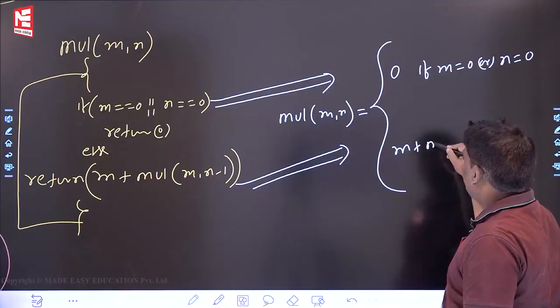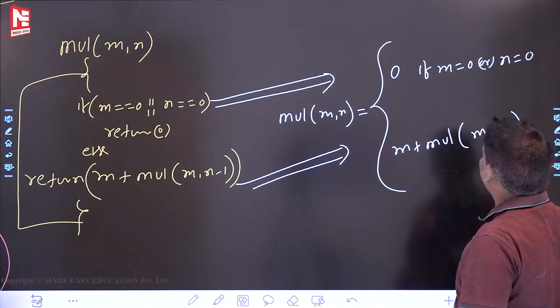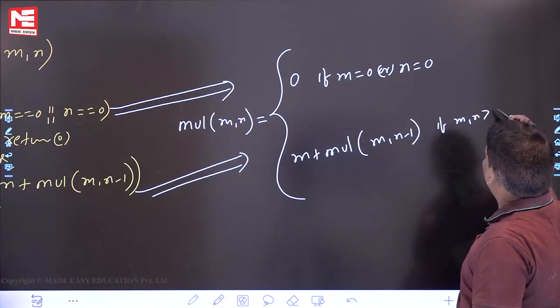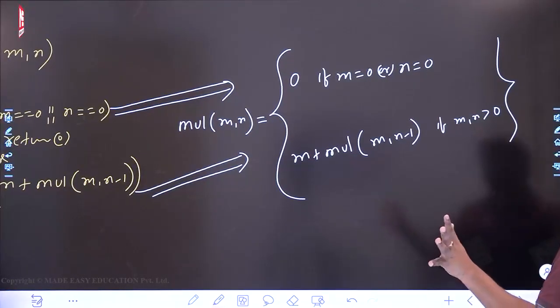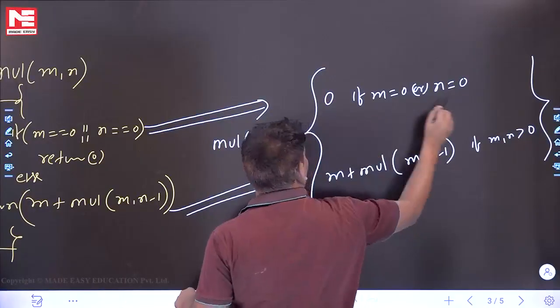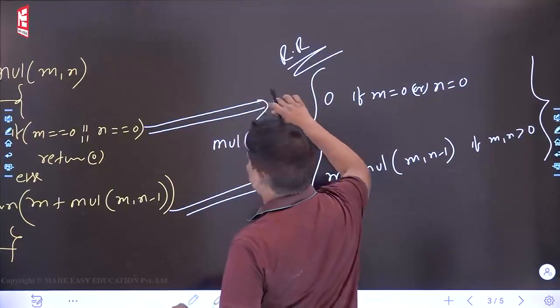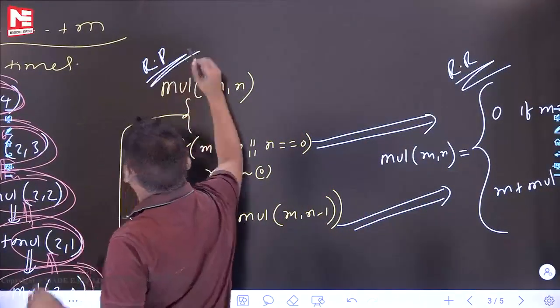M plus multiplication of m comma n minus 1, when m comma n greater than 0. Any one is greater than 0, this is the story. Same recursive program in the form of a mathematical relation is called a recurrence relation. It is a recurrence relation. It is a recursive program.